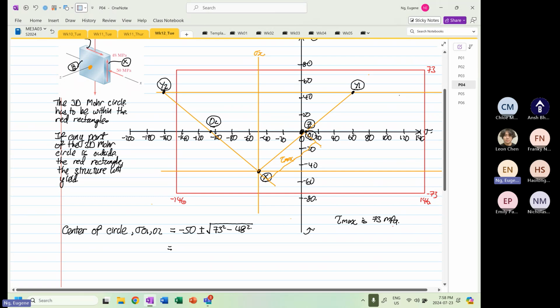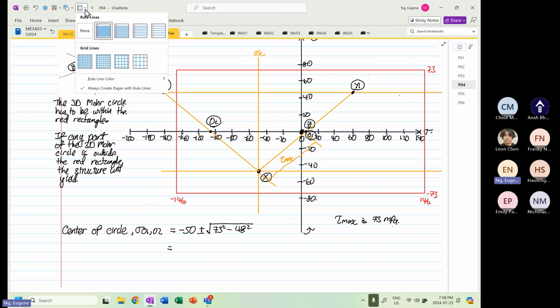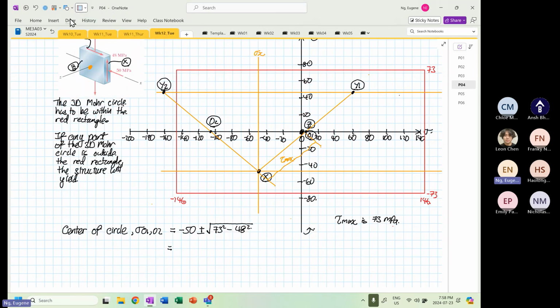Why 48? Because of what we are trying to determine. The green line that I'm going to draw is where the average stress line is.